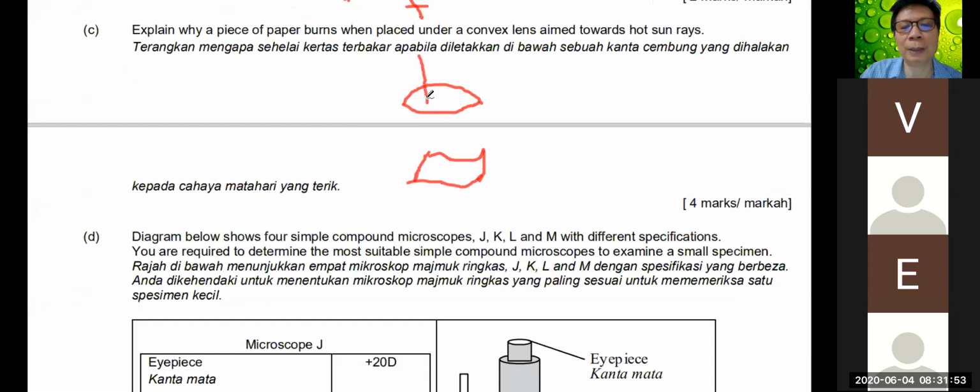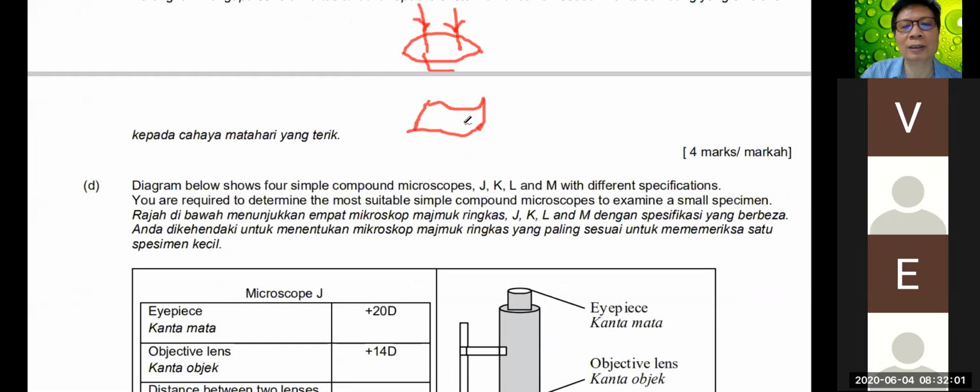Why will the paper burn? I think it's very simple, because this lens will focus all the light here on the piece of paper. So all the energy is focused on the paper, so it becomes hot. That's why it will burn. Correct or not?